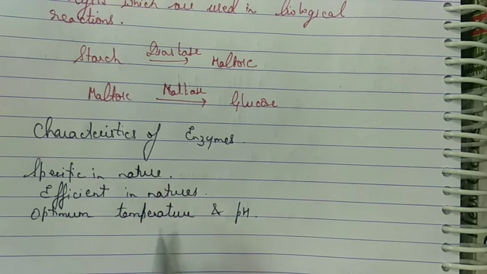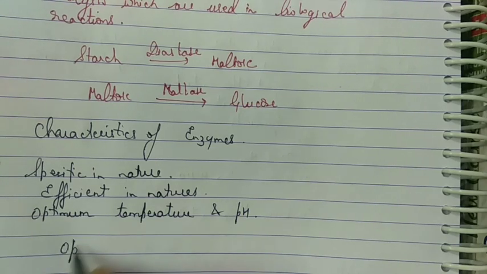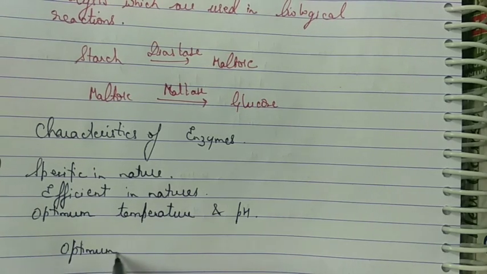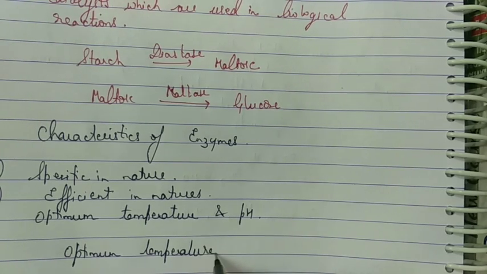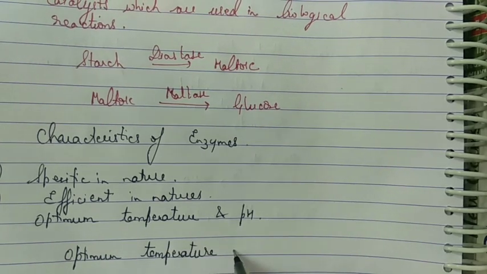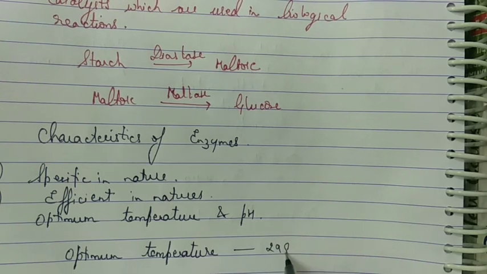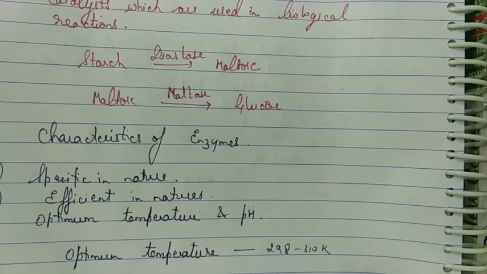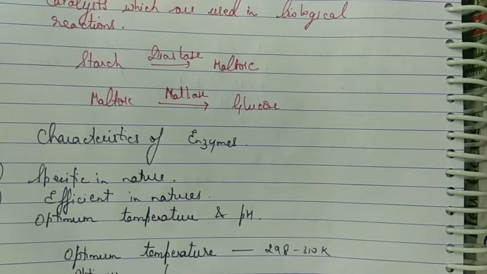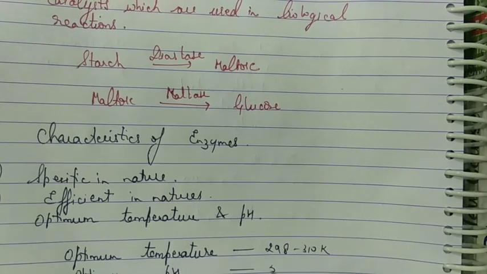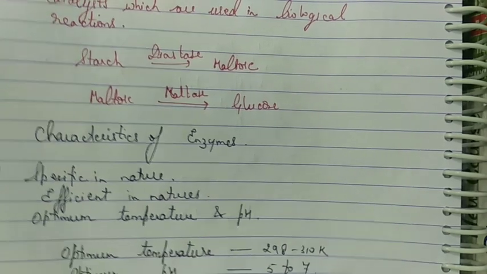So the optimum temperature at which any enzyme can work at a very good rate is approximately 298 to 310 Kelvin, and optimum pH is about 5 to 7.